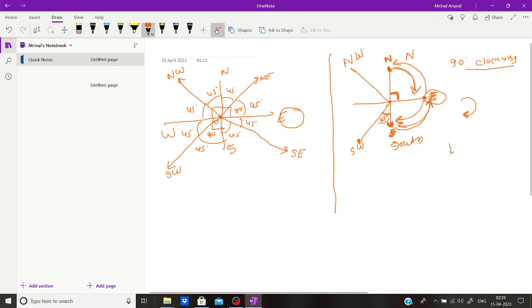So let us make a point. 90 degrees clockwise means you have to travel to the right, and 90 degrees anti-clockwise means you have to travel to the left.